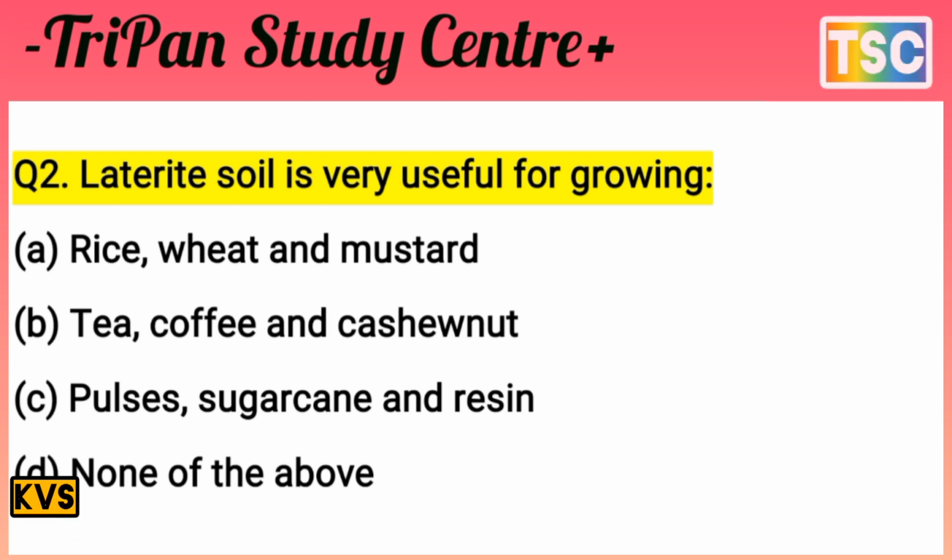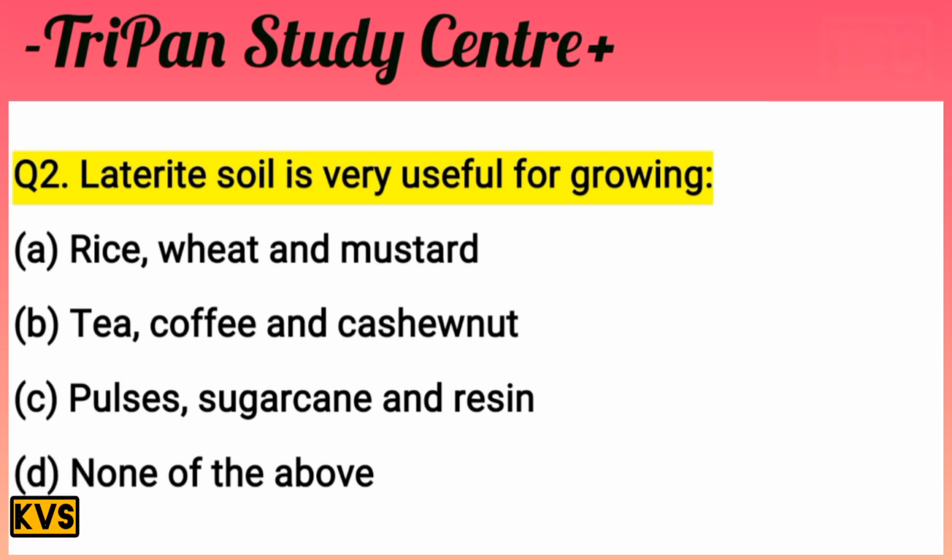B: tea, coffee and cashew nut. C: pulses, sugarcane and rsubber. D: none of the above. This is the most important question. Come on, test your knowledge. I'm giving you a few seconds. You must have thought of your answer.